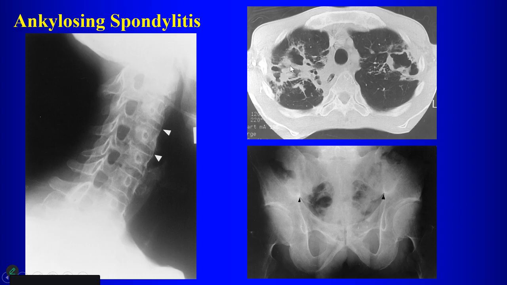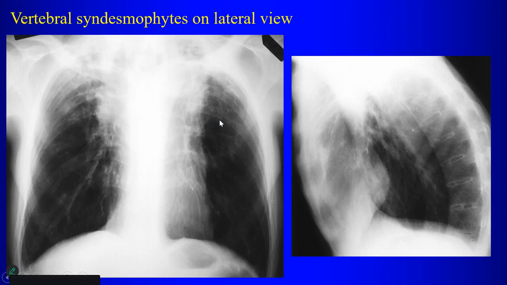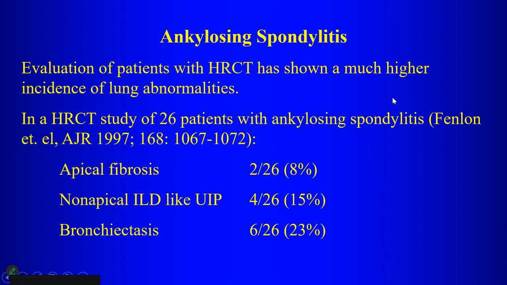And here there's fibrobullous disease in the upper lobes in another patient with ankylosing spondylitis. So the findings of ankylosing spondylitis, the syndesmophytes on the lateral view, changes in the cervical spine or sacroiliac joint, can point you in the right direction.